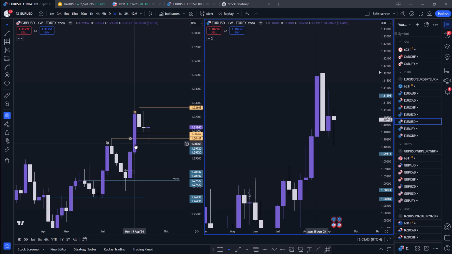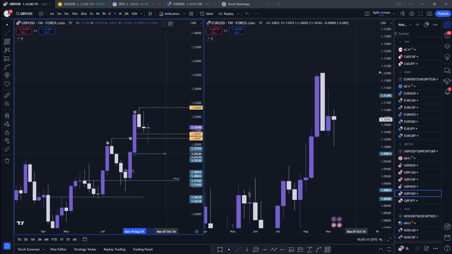This candlestick here on the left side of the screen, that's GBPUSD, was created on the week of the 19th of August, right? So let's look at the low of that specific candle for a moment. We have that candlestick's low.